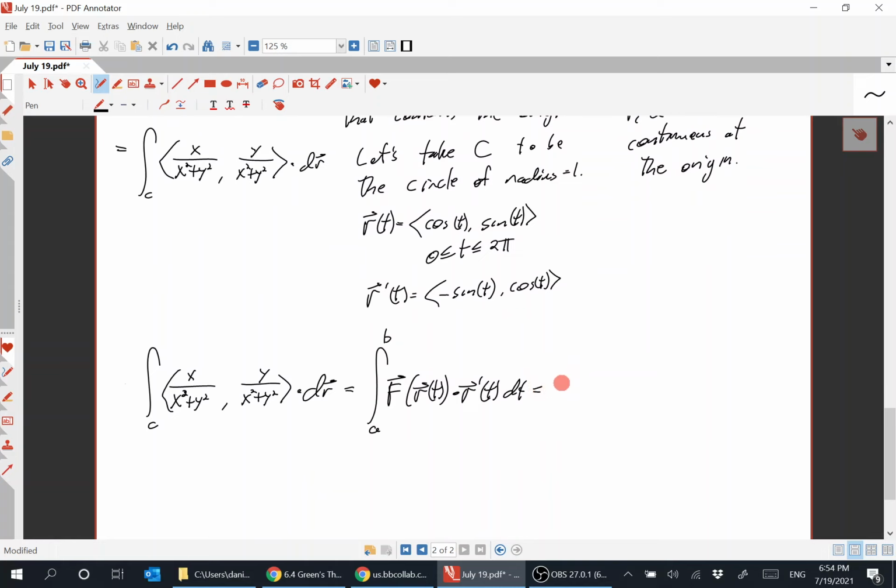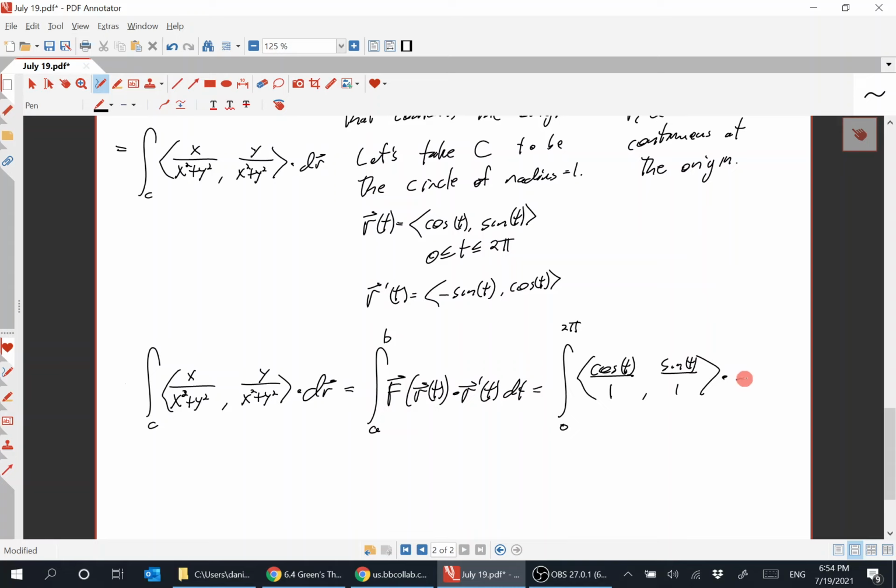Okay, so we'll calculate this. So this is 0 to 2 pi. So f of r of t, this is, so x is cosine, and then x squared plus y squared is just 1. Y is sine, and x squared plus y squared again is just 1.